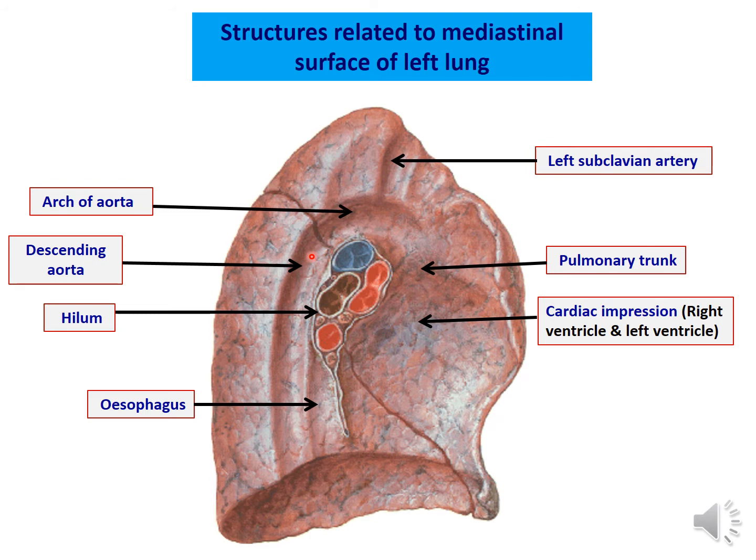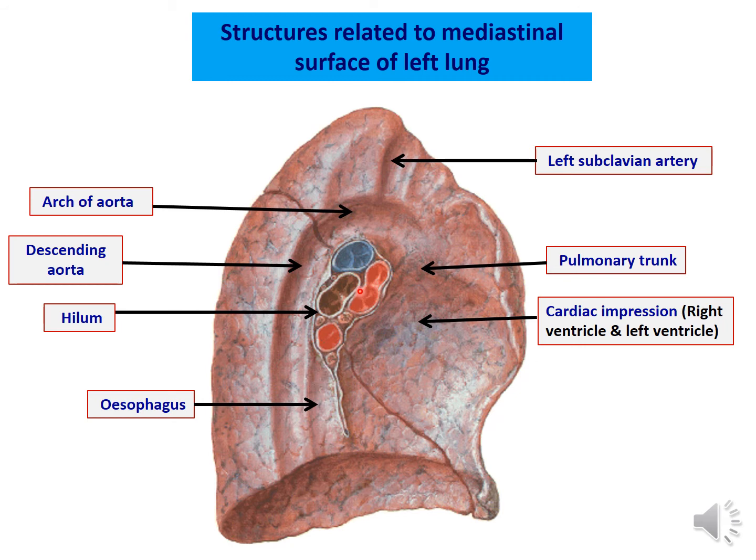In simple terms you can also say descending aorta. And above the hilum you can see the impression for the arch of aorta. As you know, the arch of aorta continues as the descending aorta. In front of the descending aorta impression, you can see the impression for the esophagus.